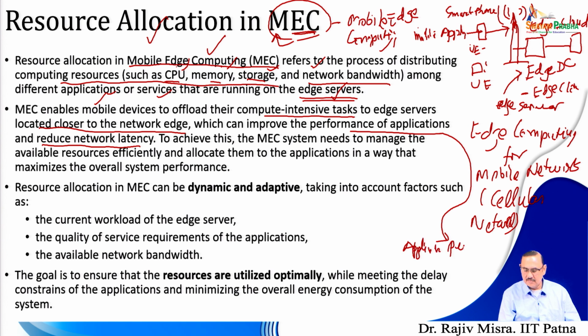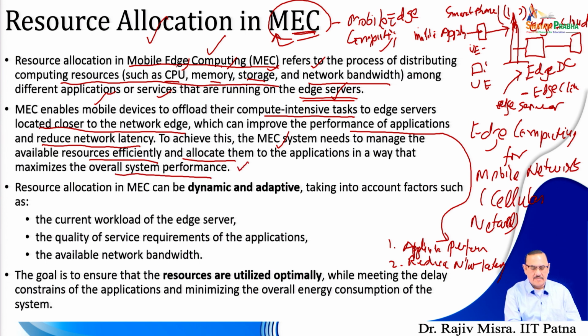Application performance is one criterion. Second, it will reduce the network latency. Now, to achieve this, the mobile edge computing system needs to manage the available resources efficiently and allocate them to the applications in a way that maximizes the overall system performance.